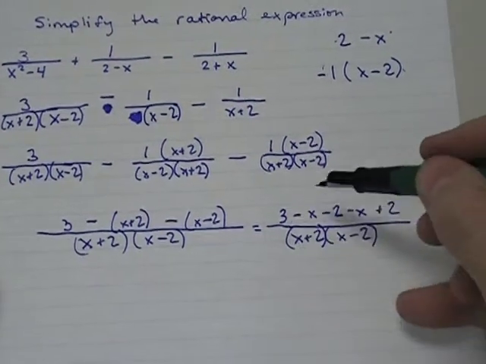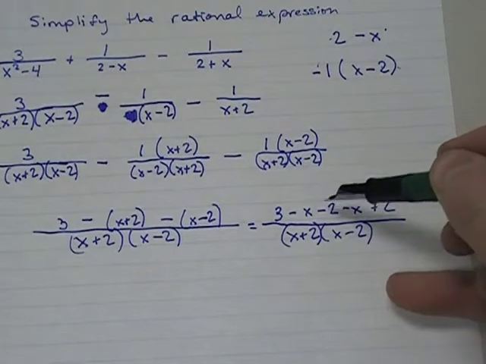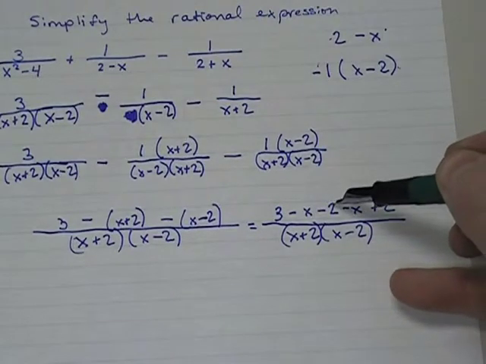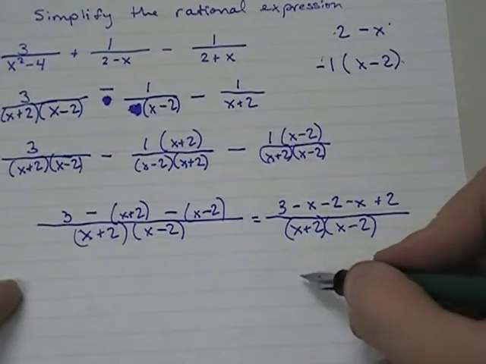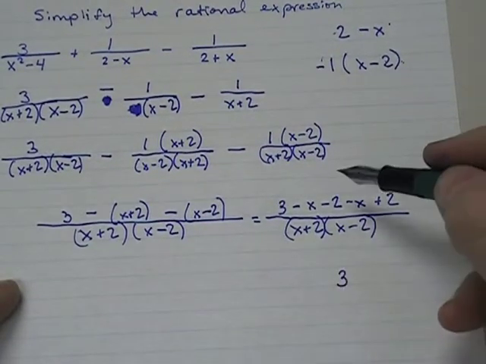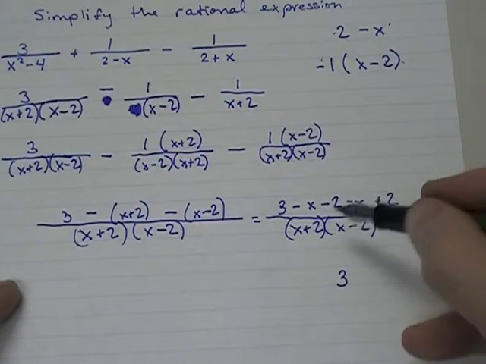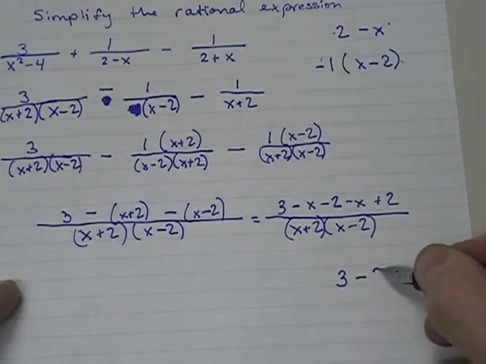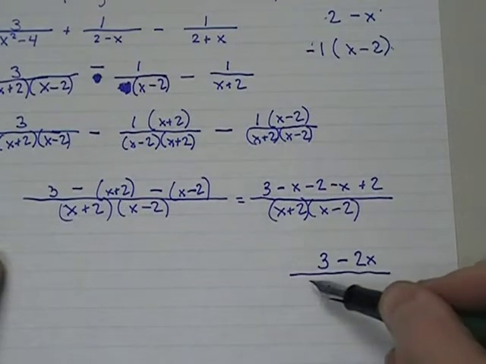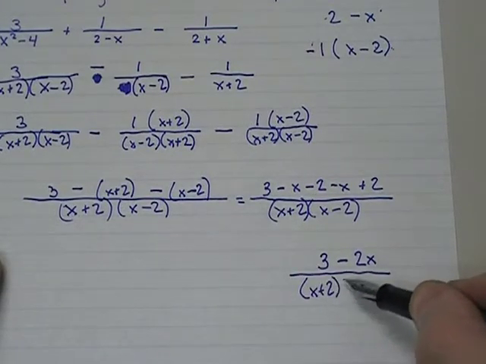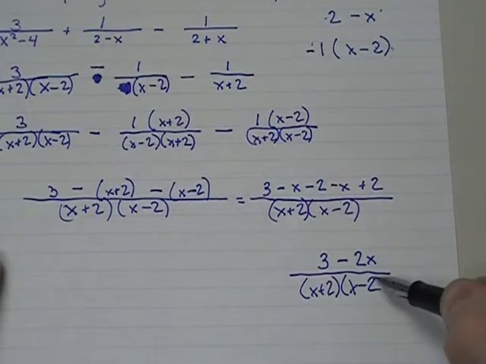Combine like terms. 3 minus 2 is 1. 1 plus 2 is 3. So I get 3. Negative x minus x is minus 2x over x plus 2, x minus 2.